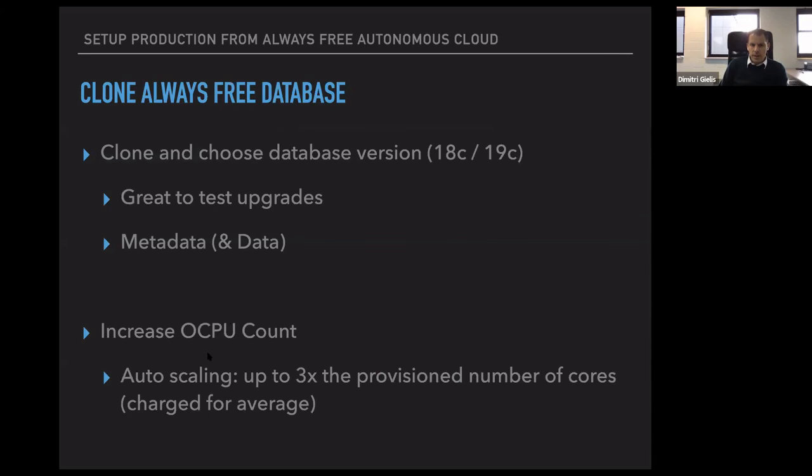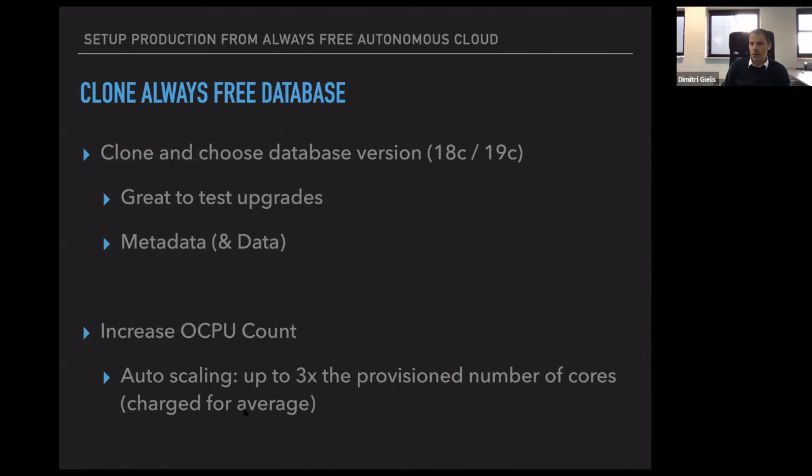So cloning, increase OCPU. Oh yeah, this auto scaling. This is interesting, Oracle has a nice feature that if for a certain amount of time you need a lot more, you don't have to do this yourself. It can go up to 3 times. If you have one OCPU, it can go up to 3 times that, and it will charge you for the average.